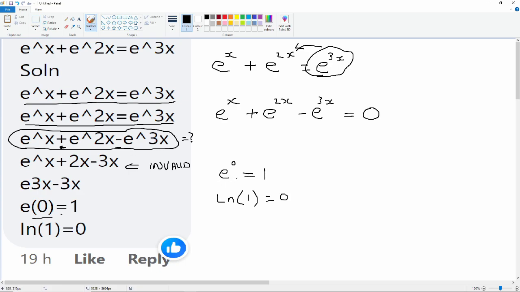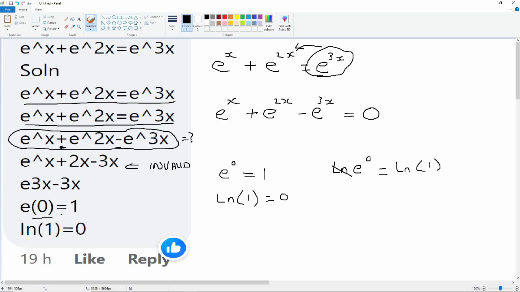So yeah, that's interesting what he's done there. I mean, these two statements do logically follow, but he's missed a step. So what he could have said is the natural log of e to the power 0 is equal to the natural log of 1.